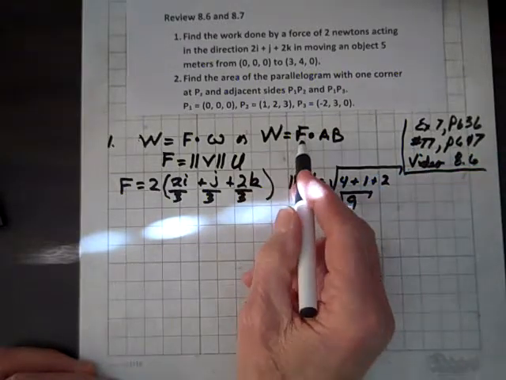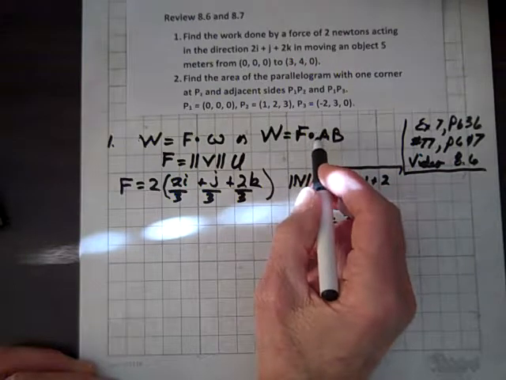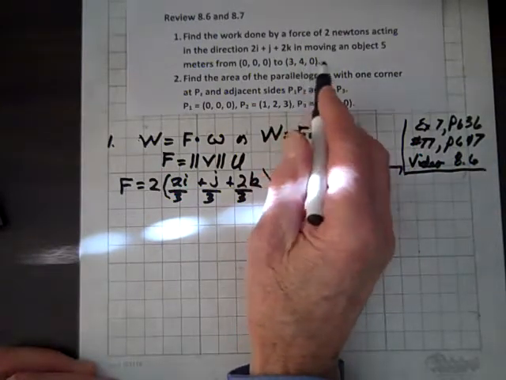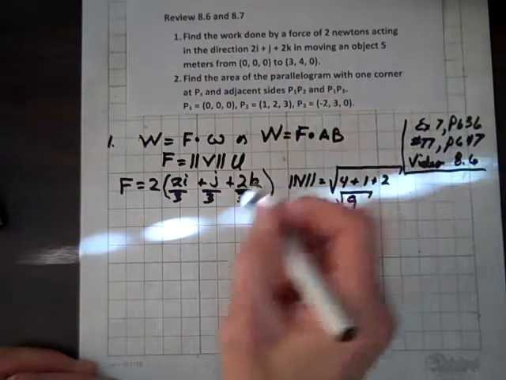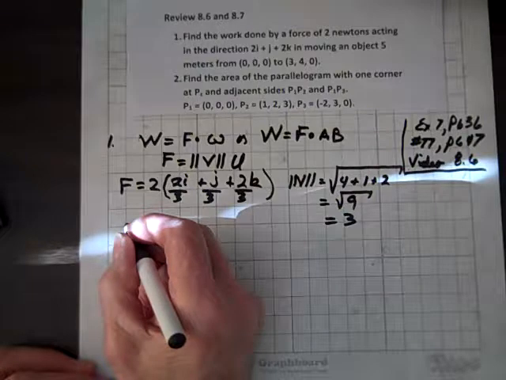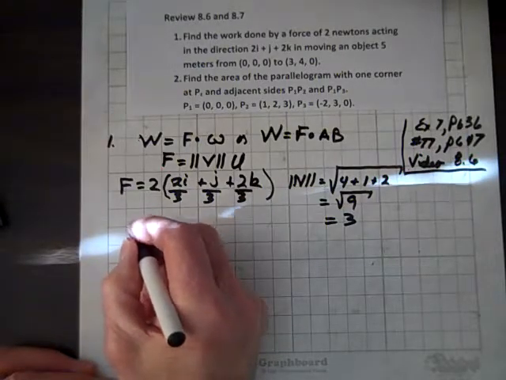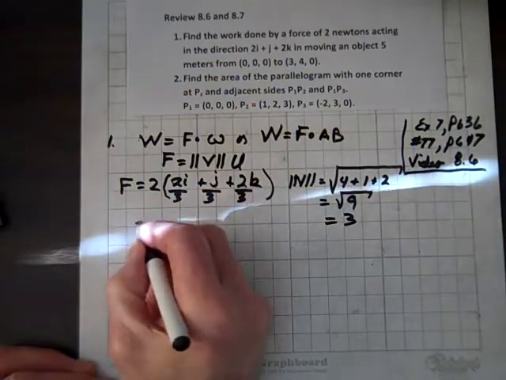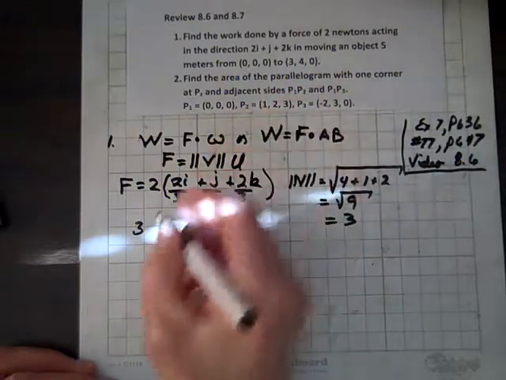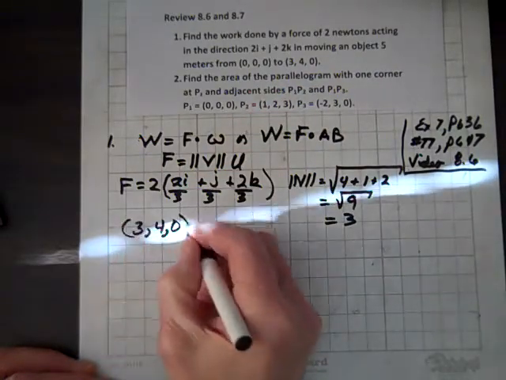Now we have to dot that with the vector representing the position where this thing goes to. And so it is 3, and by the way, here it is right here, 3, 4, let me write it this way, 3, 4, 0.